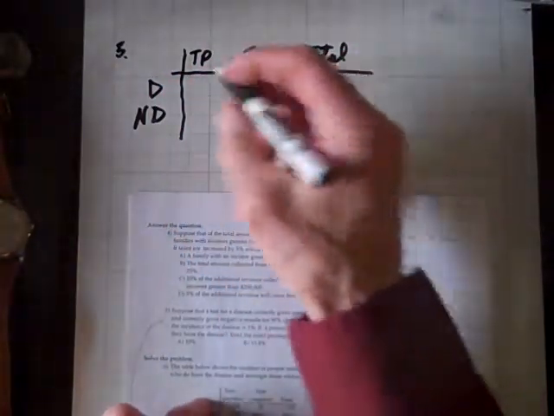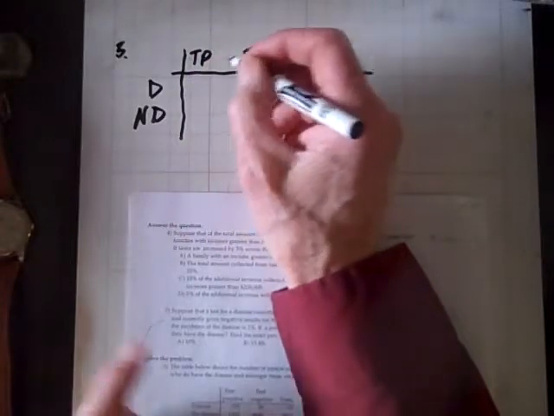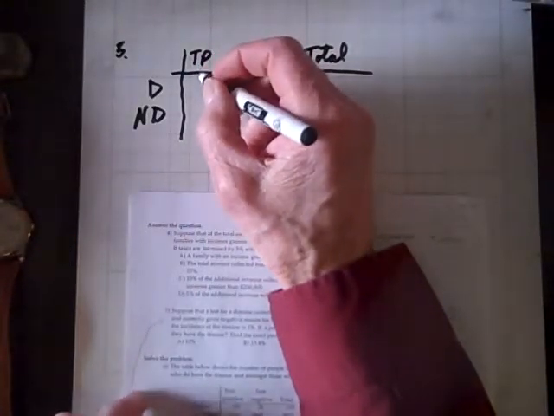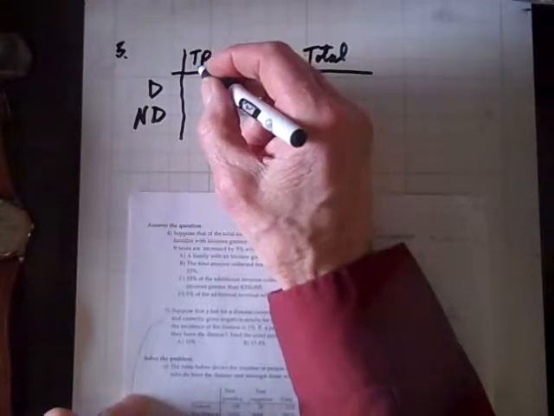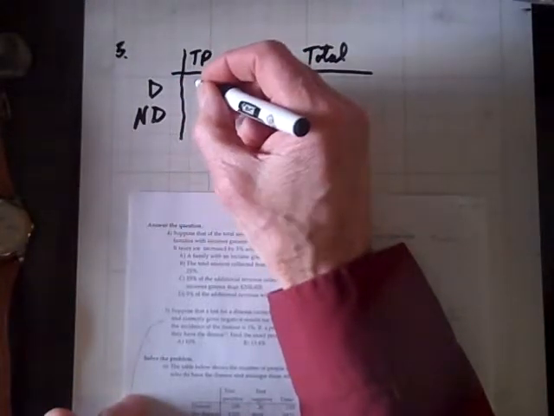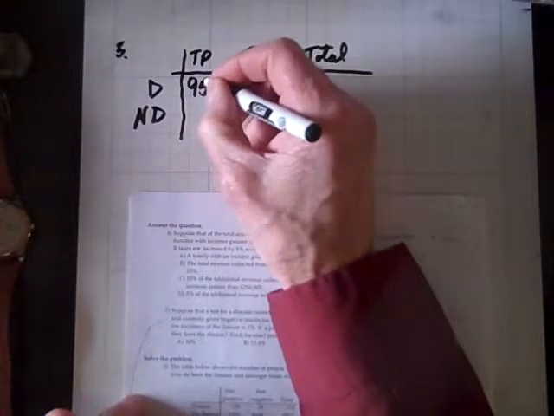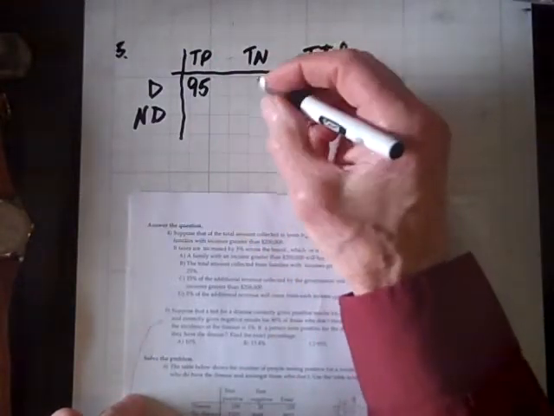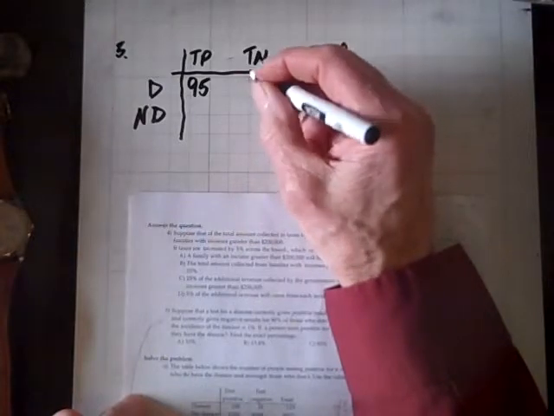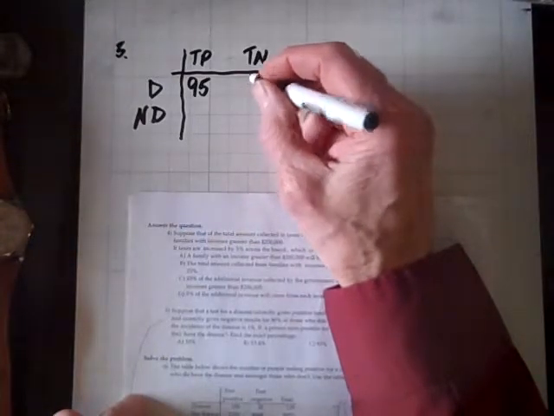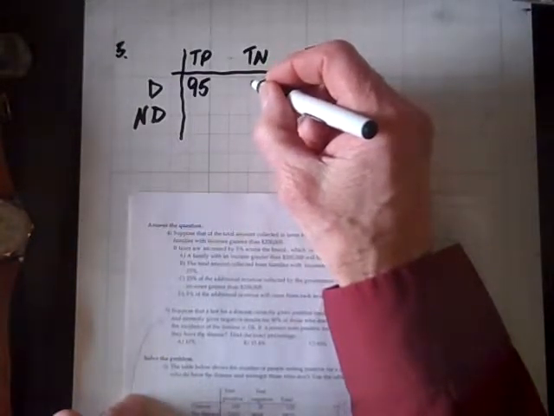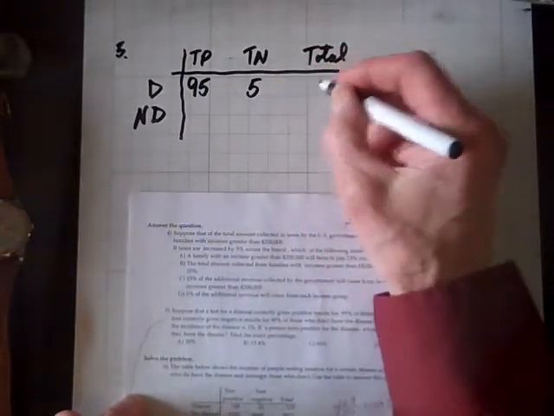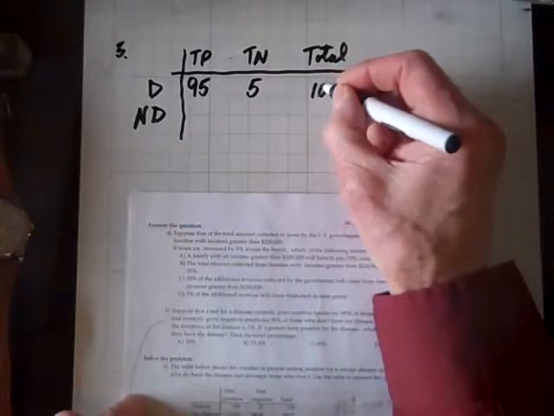Now, since 95%, let's make our work easy. 95% of those that have the disease test positive. So we'll say 95 is the number that have the disease and tested positive. So 5 have the disease but tested negative, and we've got a total of 100.